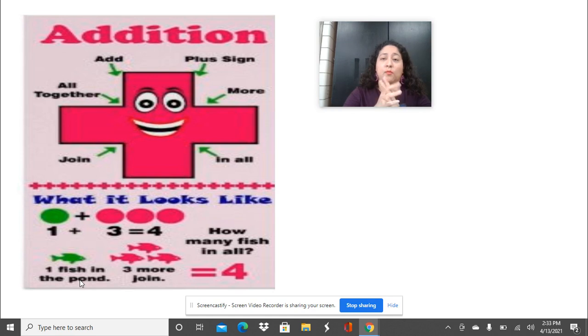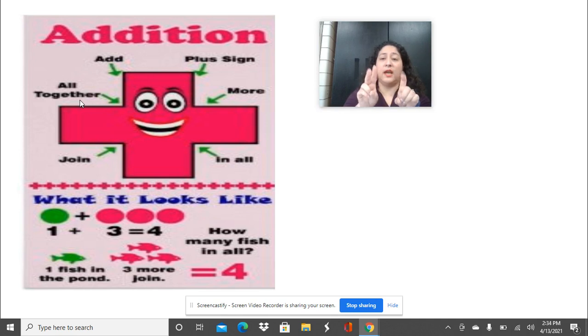So it's going to be word problems today. And like I told you, you have to really pay attention and listen. Here are some words that are going to give you a clue that we're going to be adding. When you hear altogether, that means we're going to be adding. If I have one dog and then I got two more, how many do I have altogether?